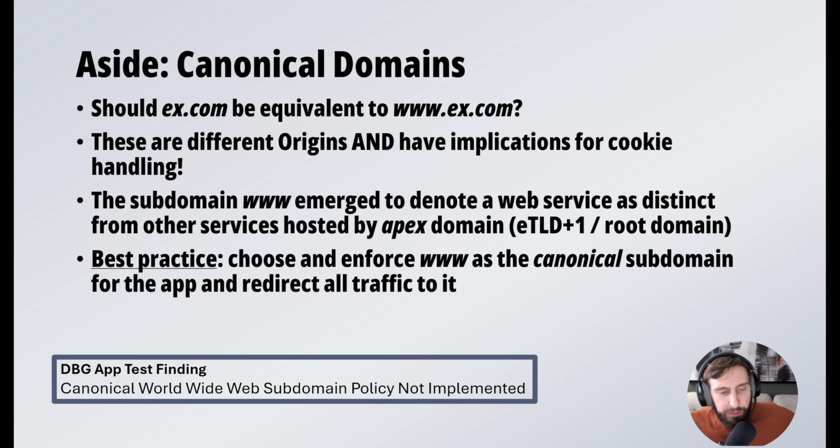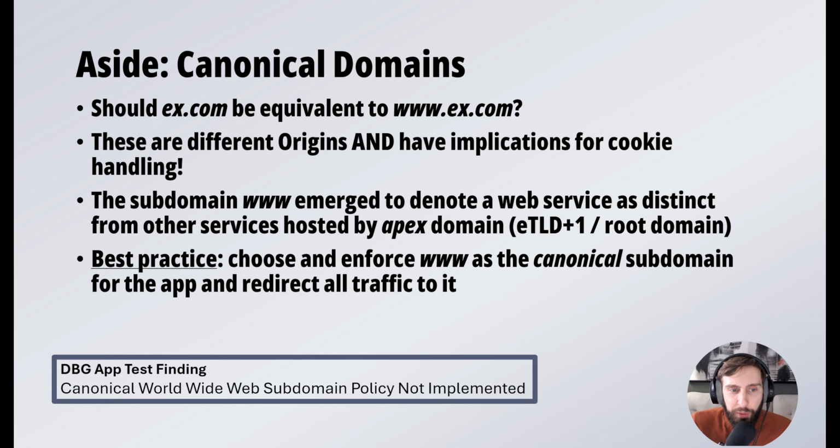As a quick aside, because it is important for the scope of cookies, it's always good to be mindful of canonical domains and just how applications behave when you access them on a root domain or using www. So example question, should ex.com be equivalent to www.ex.com? Fundamentally, these are actually different origins, and there are implications for the handling of cookies.